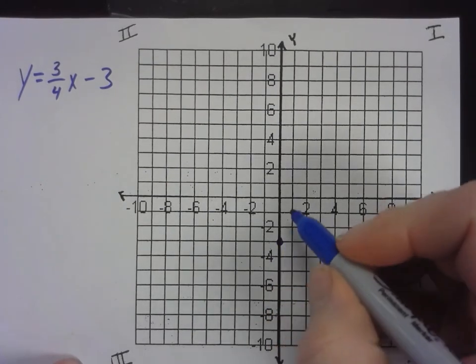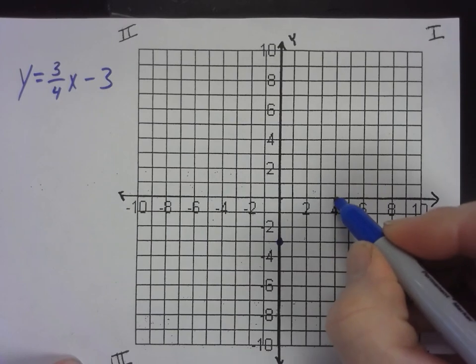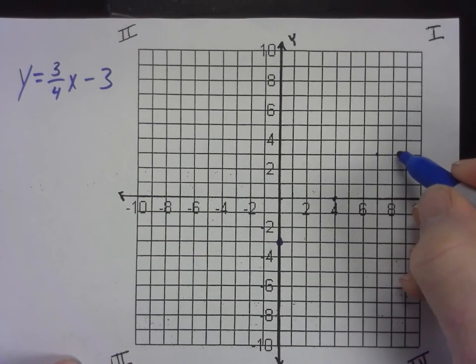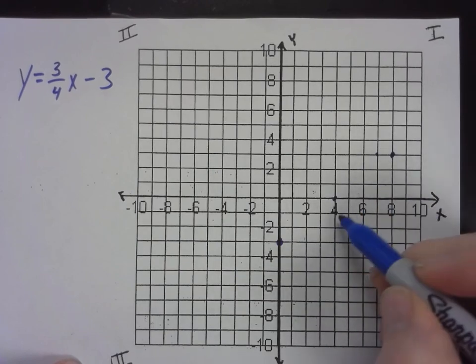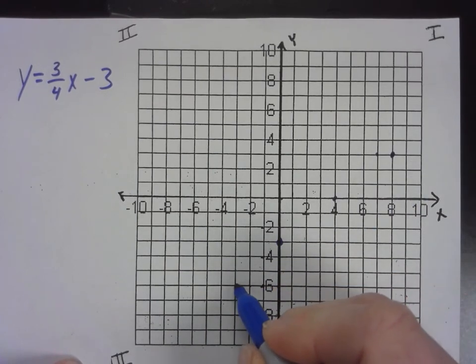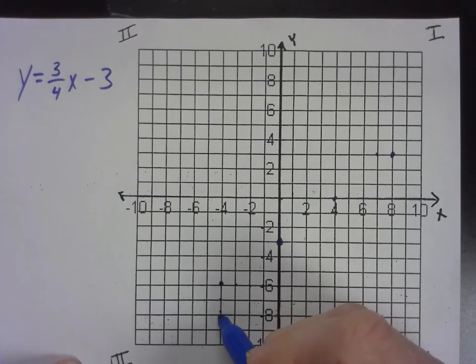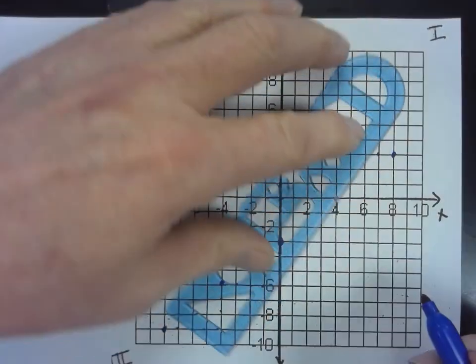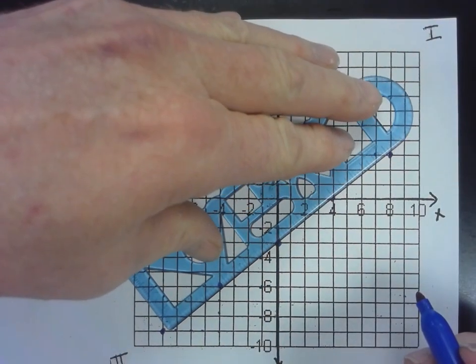We're going up 3, over 4. In fact, I'm even going to go down 1, 2, 3 and back 1, 2, 3, 4. And I'm going to get as many points as I can on the graph to make this graph as accurate as I possibly can.